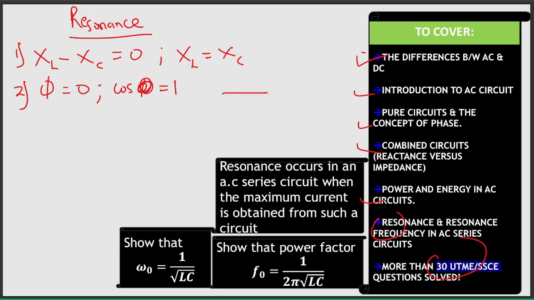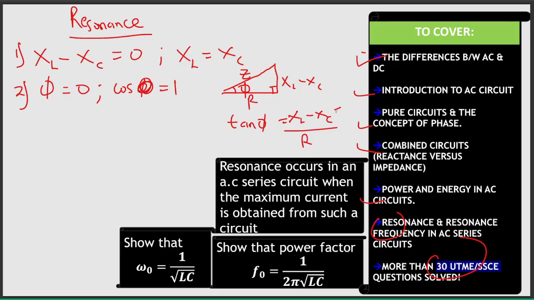If I want, I can use the right angle triangle we drew in our last video. This is phi. Here you remember Z, here is R, and this is XL minus XC. So if we are to use tan phi, it will be equal to opposite, which is XL minus XC all over R, opposite over adjacent.